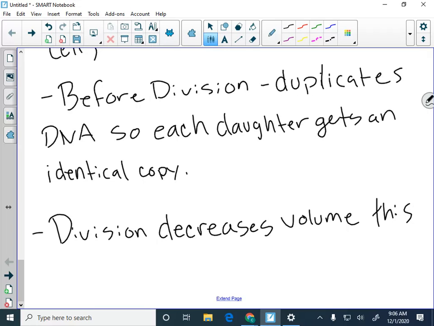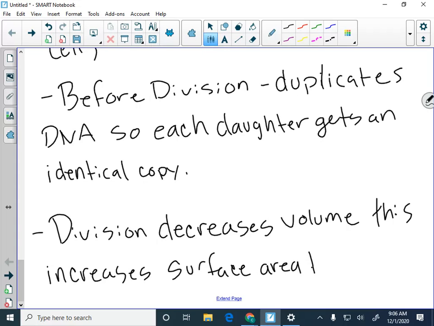So if we decrease the volume, this increases surface area to volume ratios, because we are decreasing the number we are dividing by, because of surface area divided by volume.